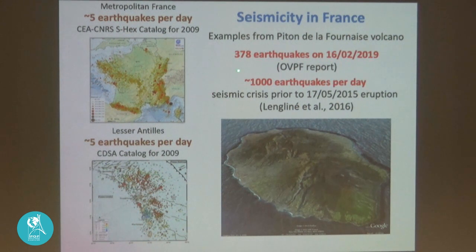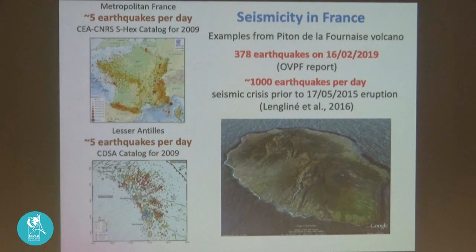For example, there was one day with a seismic crisis with this amount of earthquakes, and then in this publication, these authors studied the period preceding this eruption, and they found during almost 2 weeks consistently more than 1,000 earthquakes per day. You see, if we consider France, actually most of the earthquakes are generated by this relatively small object, the Piton de la Fournaise volcano.